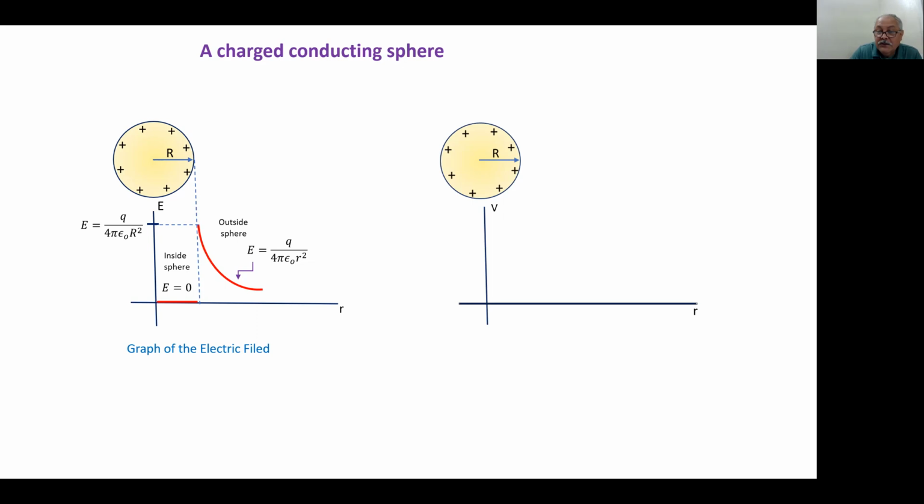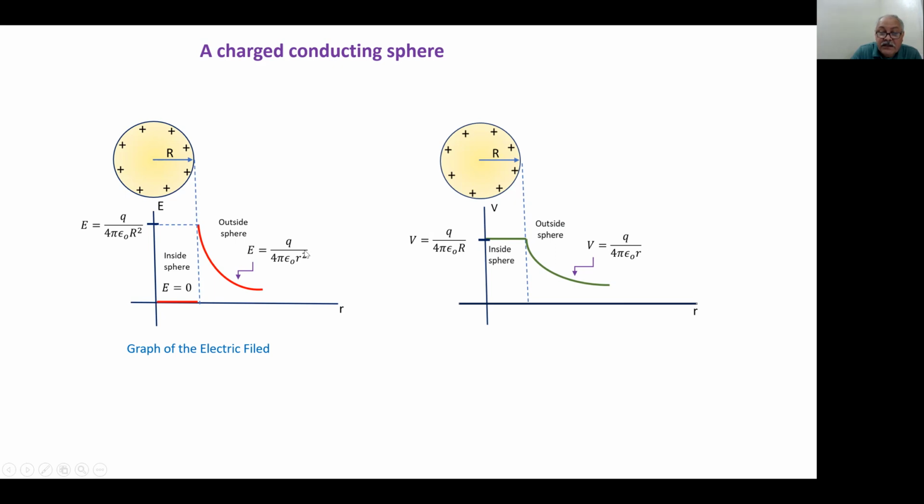The electric potential, or just potential, what do we have? Well, inside it is going to be constant, and on the surface it takes the value of charge over 4 pi epsilon naught times the radius. Well, what happens outside? Outside it is going to be q over 4 pi epsilon naught times r.